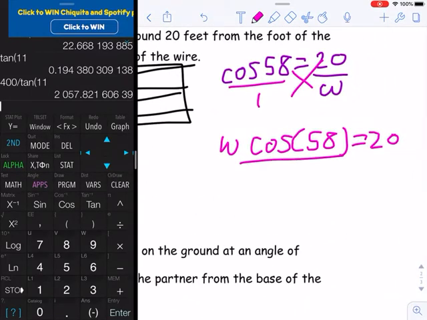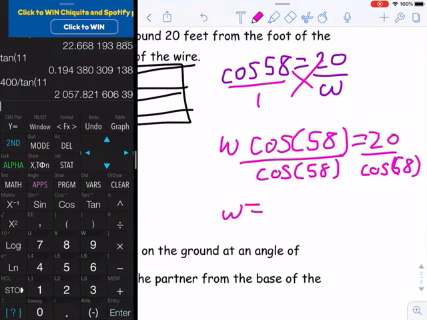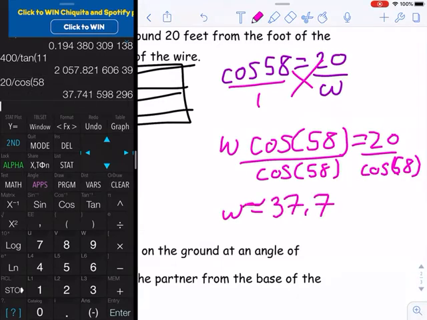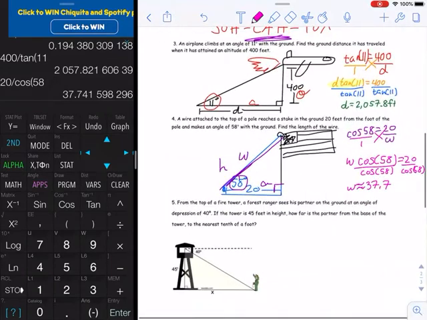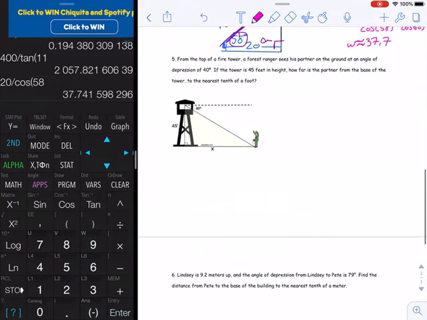I want to get W by itself, so I'm going to divide both sides by cosine 58. So W equals 20 divided by cosine 58, which is about 37.7. Okay.